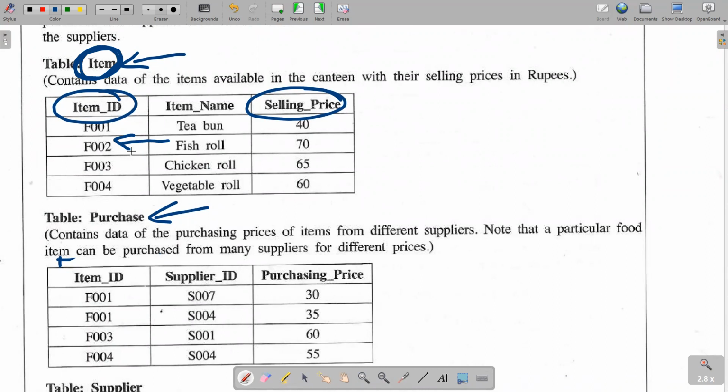should be matched with the purchase table, right? Yeah. So that F002 should be filtered from this particular table, and it will show you here they don't have F002.